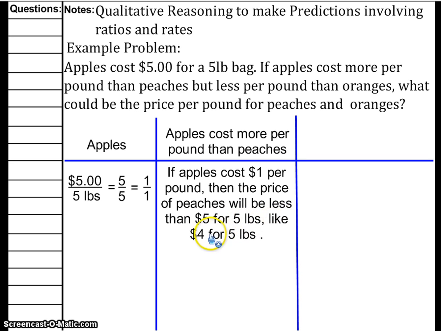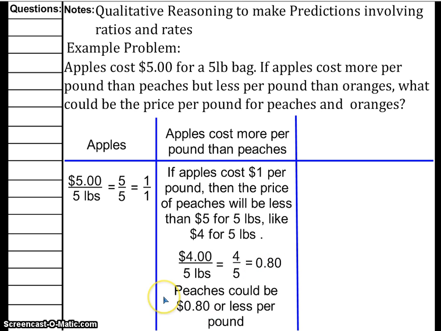So let's say $4 for 5 pounds. We can convert the ratio to a decimal, which is 80 hundredths. So we could say peaches cost 80 cents or less per pound. Again, as a general description, as long as it's less than $1 per pound, it falls within the guidelines.